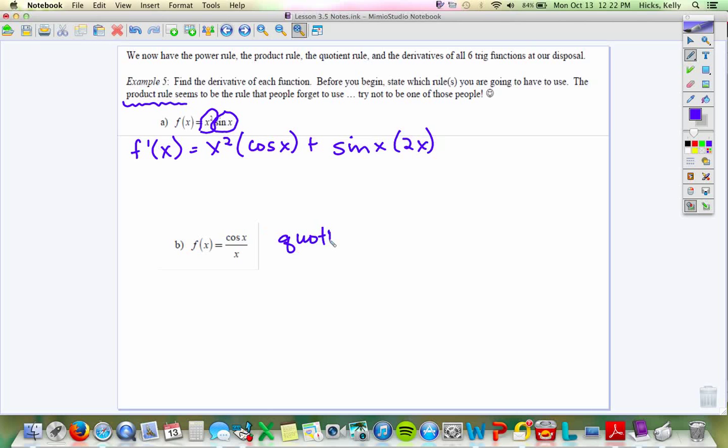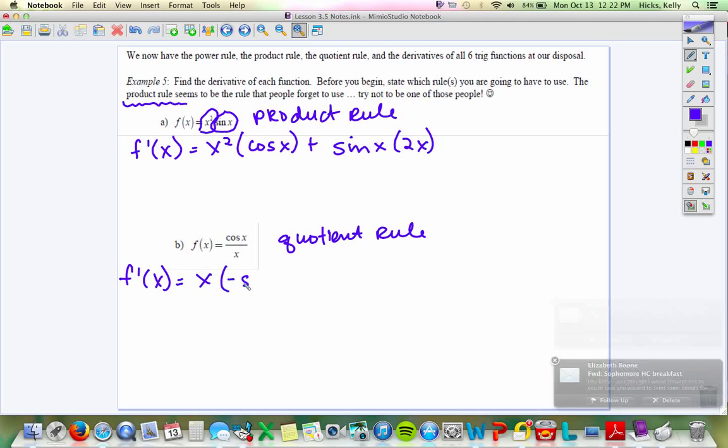All right, this f of x equals cosine x over x is a quotient rule. I should have actually written it right here, so I'm going to go back. Product rule, quotient rule. Quotient because it is divided. So what is the quotient rule? Low d high minus high d low over low squared.